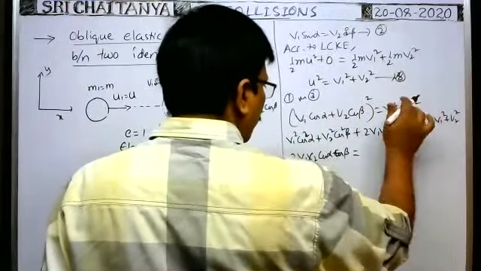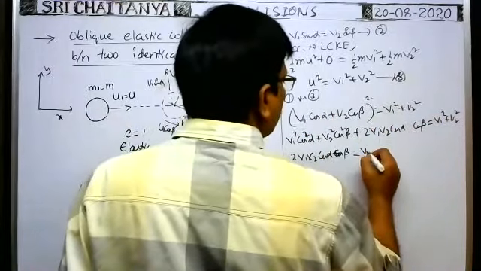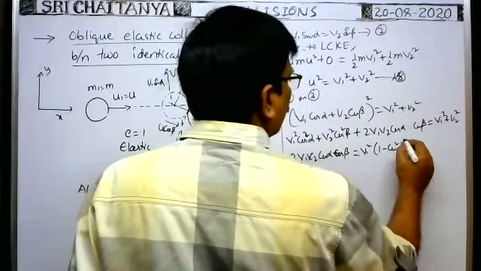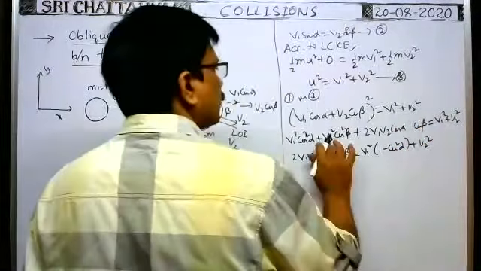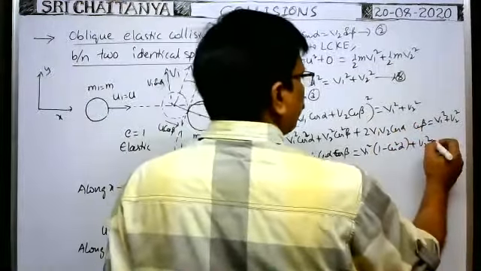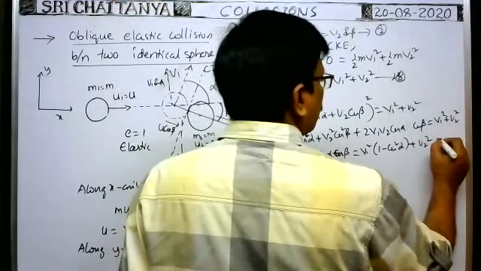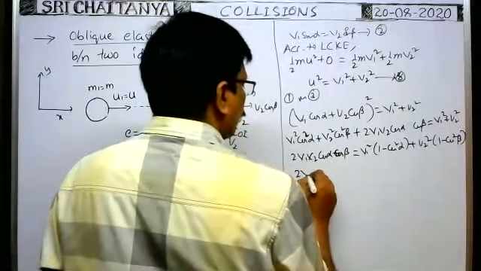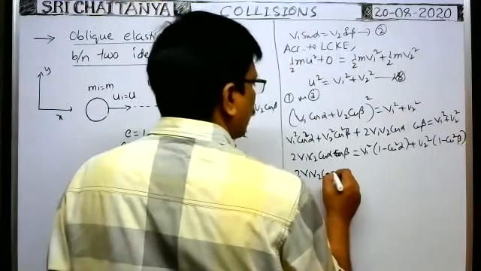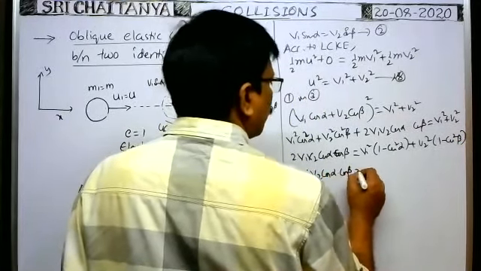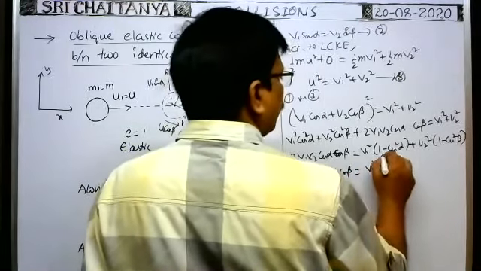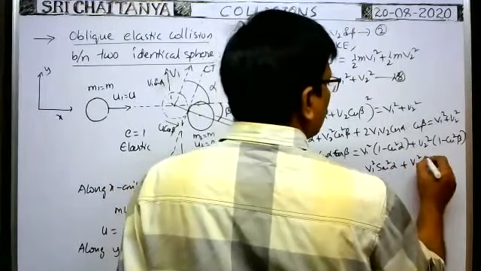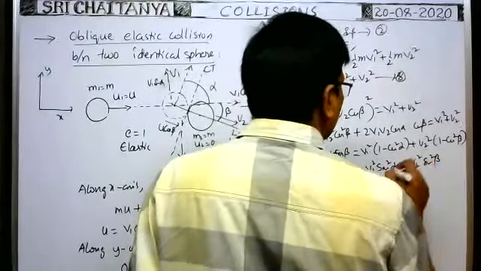Then you take v1 square common in both the terms: v1 square into (1 minus cos square alpha) plus v2 square minus v2 square cos square beta. When you take v2 square common, 1 minus cos square beta we can write. Therefore 2 v1 v2 cos alpha cos beta is equal to v1 square sin square alpha plus v2 square sin square beta.